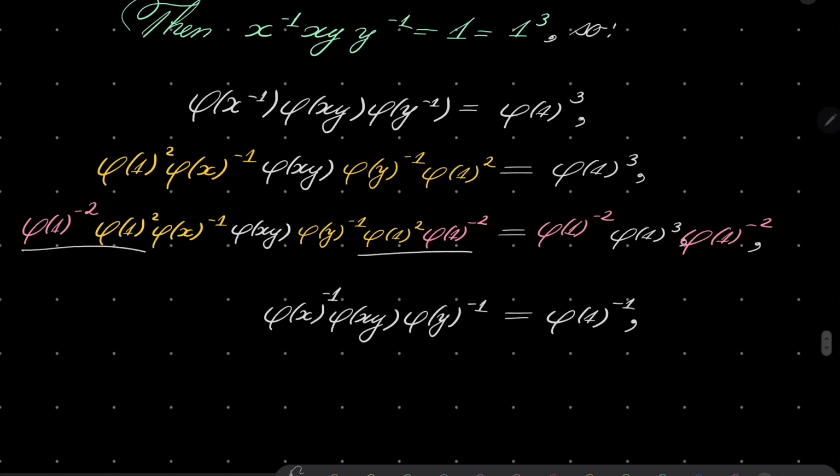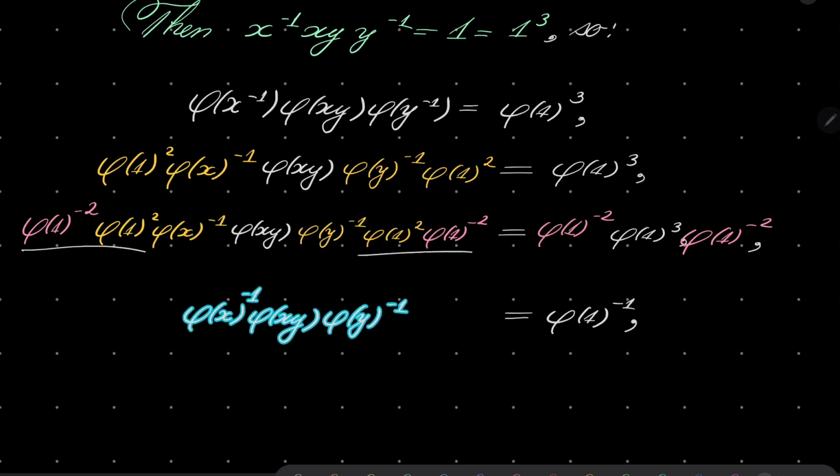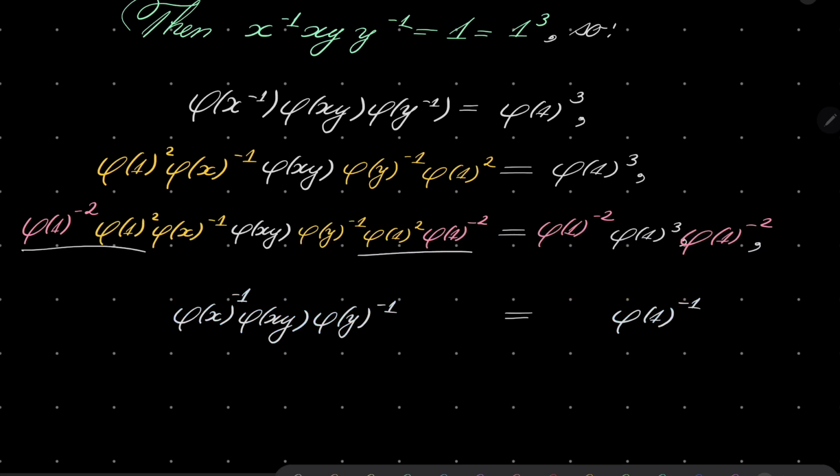Which is just perfect, because now what I will do, once again, I will take this equation and I will multiply on the left hand side by phi of x, phi of y.